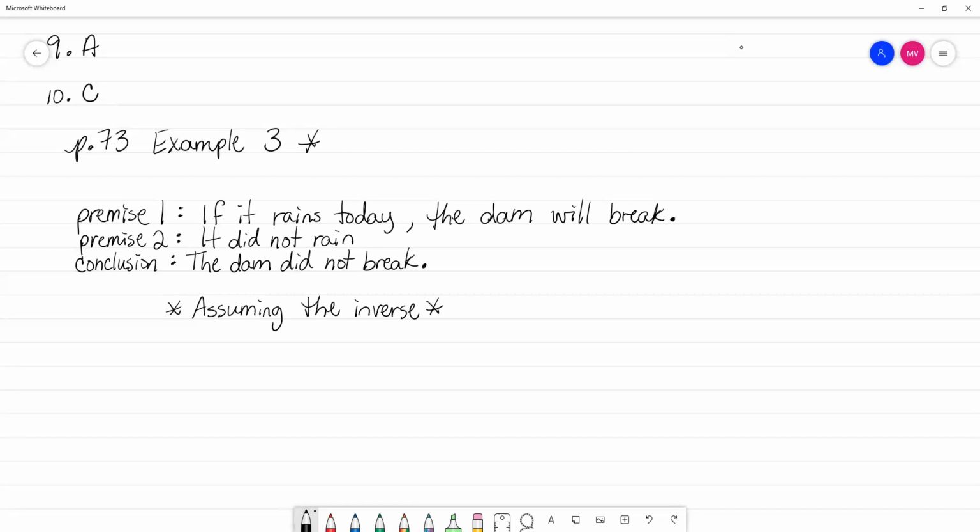All right. So the basic premise addressed only what would happen if it rains. But there are other factors that could cause the dam to break. So we are assuming that just because it did not rain, the dam did not break.